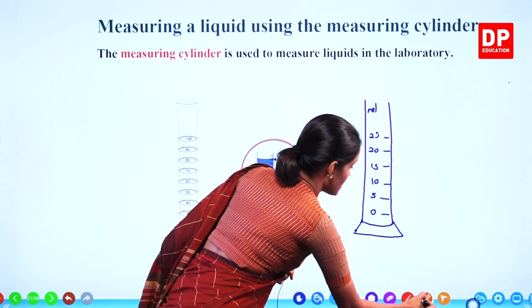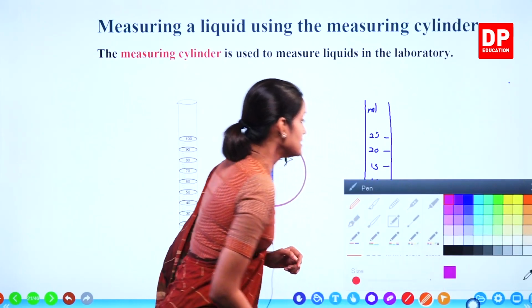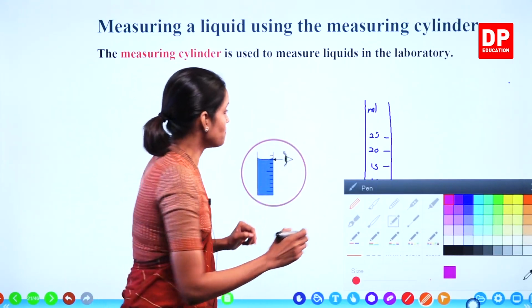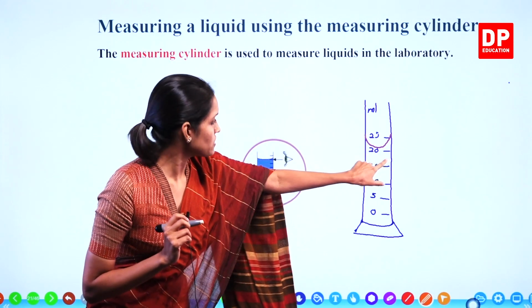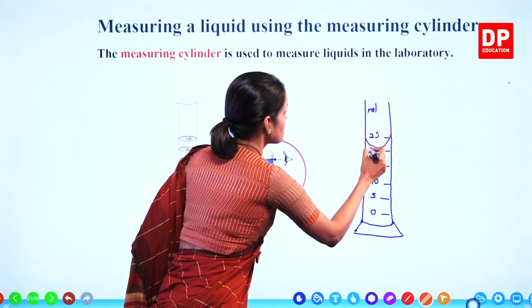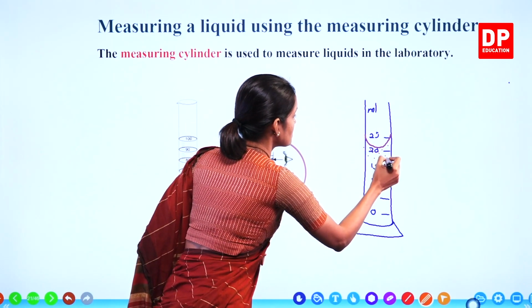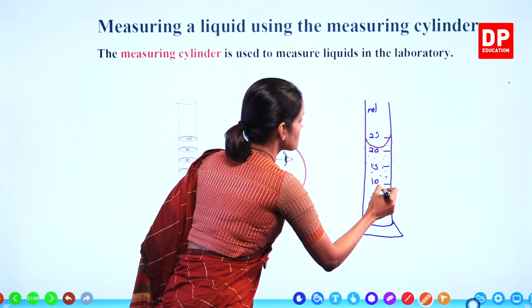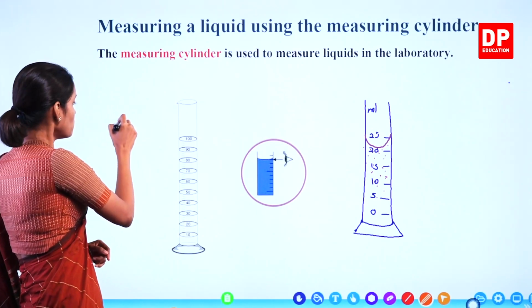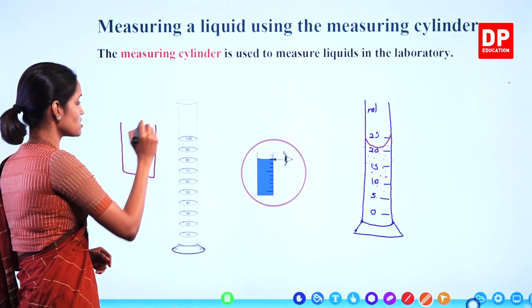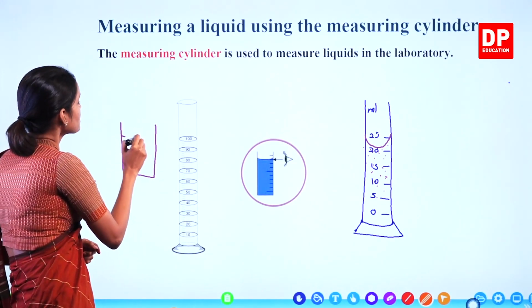Okay, children? I will take a different color. Let's say that we have the liquid like this. I'm going to draw the liquid like this. Look at the shape of these, children. Here, this is the liquid that we are going to measure. Okay, children. Now, normally you all know when we draw a liquid in a glass or a beaker, you will draw it like this.